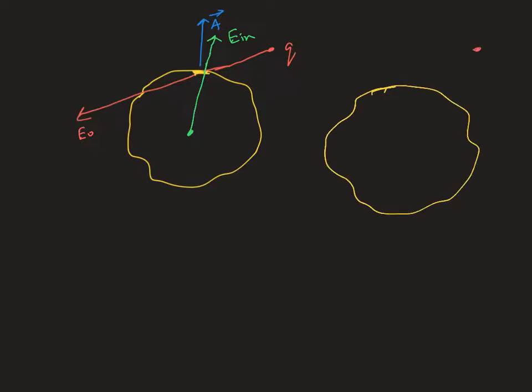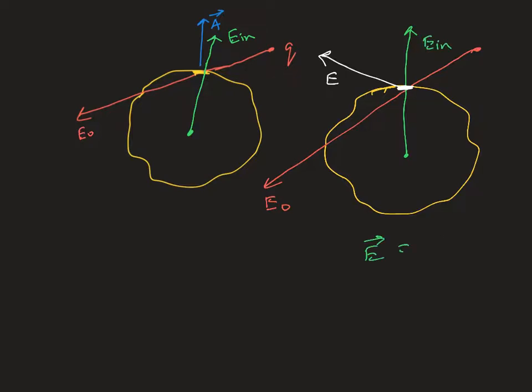So this was the charge outside, and the field due to the charge outside was something like this, and the field due to the charge inside was something like this. And we find out the net field at this point, this area. So let's say the vector sum comes out to be something like this. This is E naught. So the vector sum of E outside and E inside, E is equal to E in plus E out, the net field.